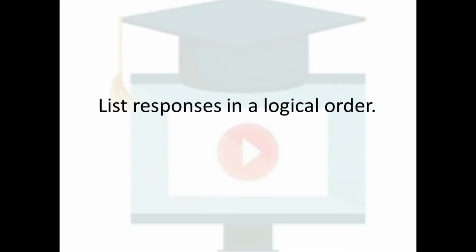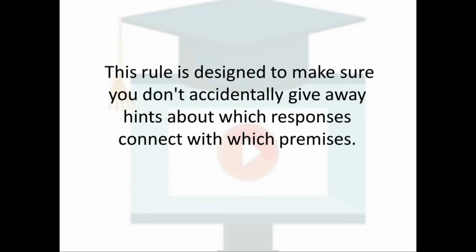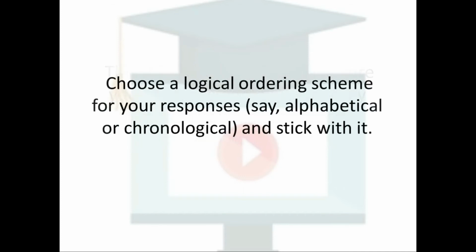List responses in a logical order. This rule is designed to make sure you don't accidentally give away hints about which responses connect with which premises. Choose a logical ordering scheme for your responses, say alphabetical or chronological, and stick with it.